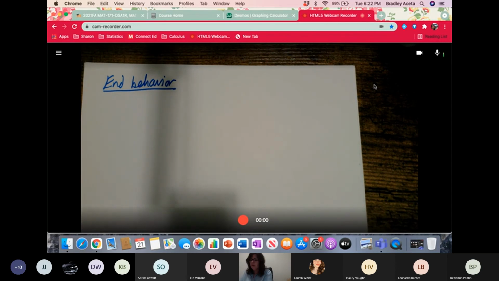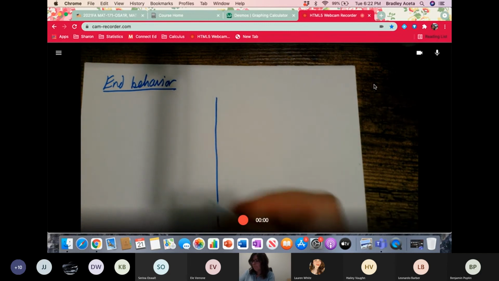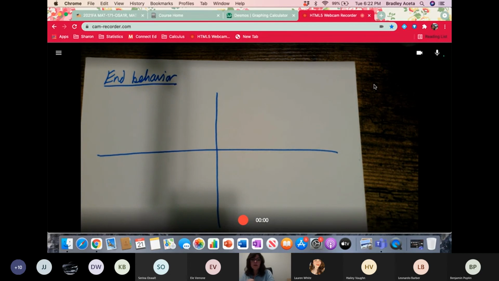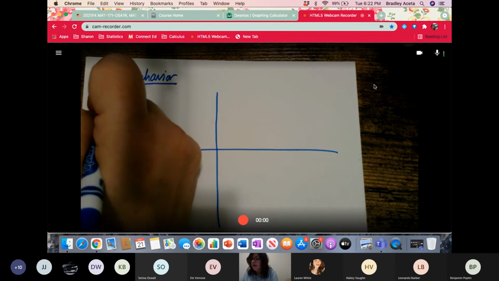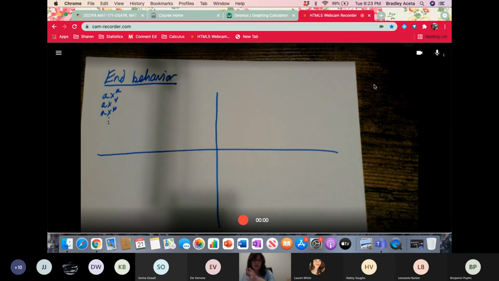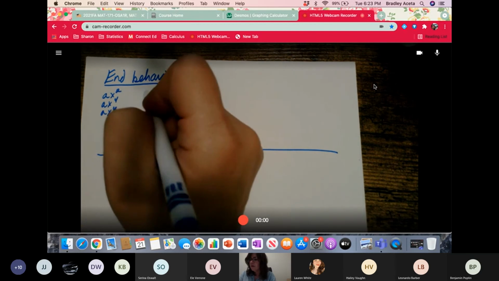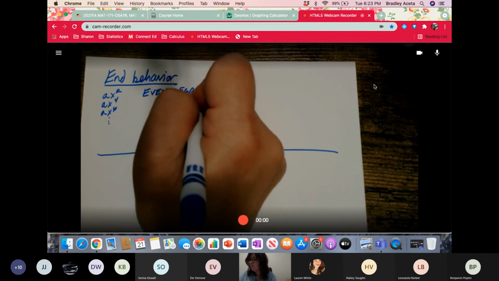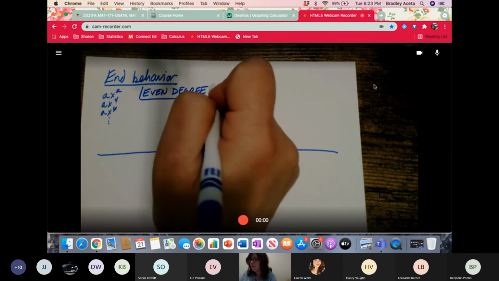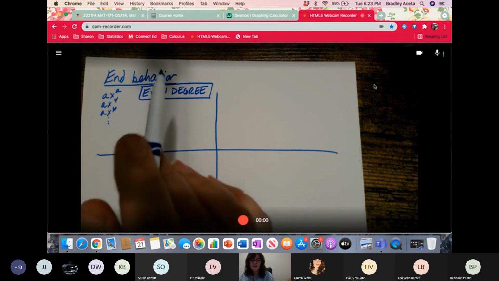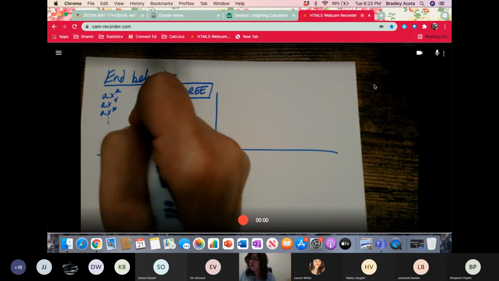All even degree polynomials. So actually, let's make a chart here. Just make 4 spots. You'll see why. If you're even degree, like ax squared, ax to the 4th, x to the 6th, x to the 8th, anything like that, the ends of all even degree polynomials, no matter what they look like, go like this.